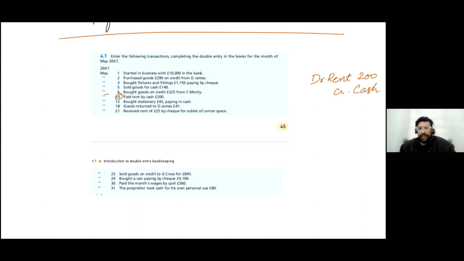Bought stationery, 45, paying in cash. So stationery, we also consider as an expense. So debit stationery. Someone may argue that stationery is an asset, but that's so small an asset that we don't book it as an asset. We just consider it as an expense. So stationery debit and cash credit.